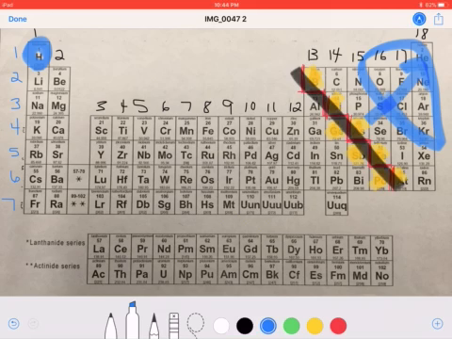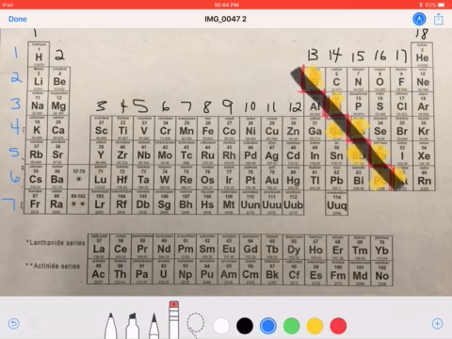So they would be maybe dull, they're not very shiny, they're brittle, they'll break instead of being able to be reformed. They're also not really conductive. Metalloids, like I said before, are elements that have both properties of metals and non-metals. So they kind of are the happy medium, I guess, between those.